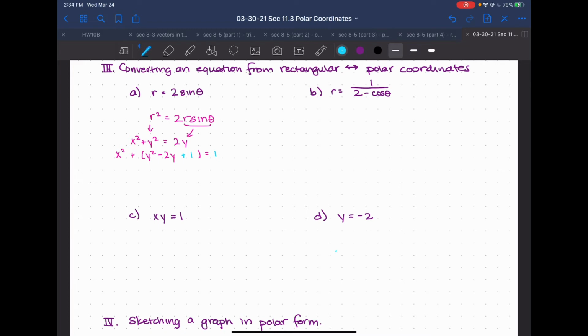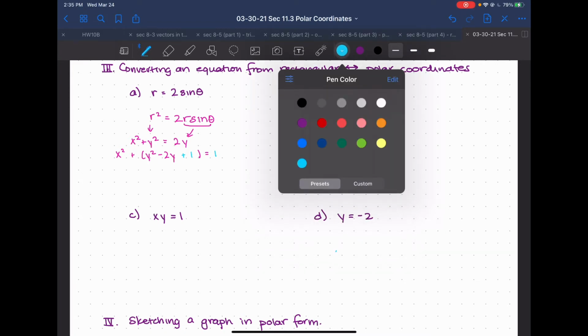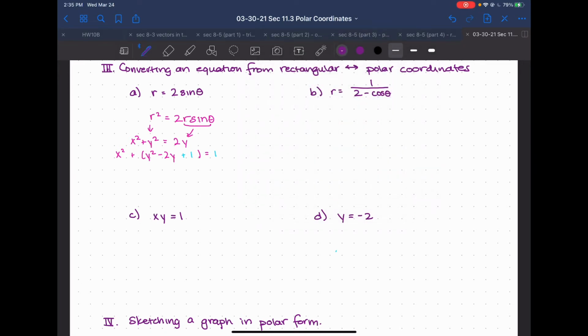So I'd have to add 1 over to this side. Oh, I don't have my color again. Oh well, we'll go with this. So then we can see that it's going to be x squared plus y minus 1 squared equals 1. And there it is. There's our equation. So that's the first one. So that was a nice easy trick.